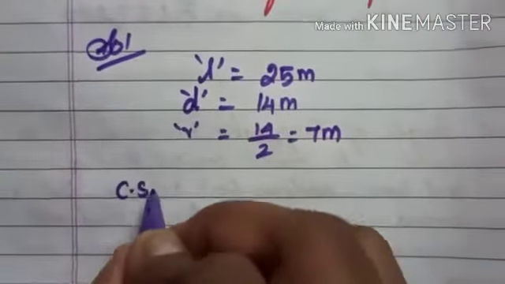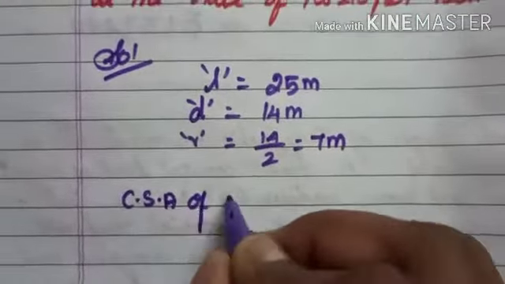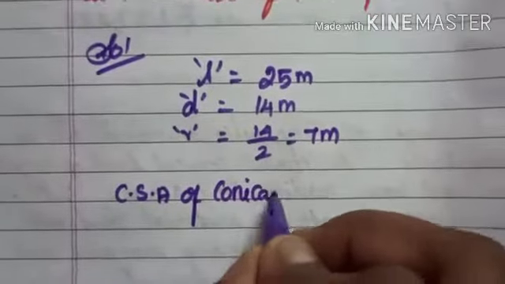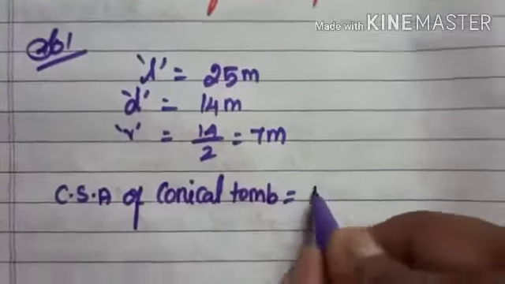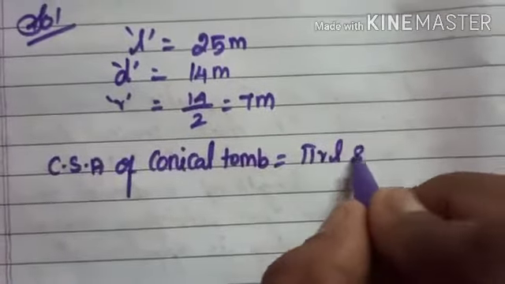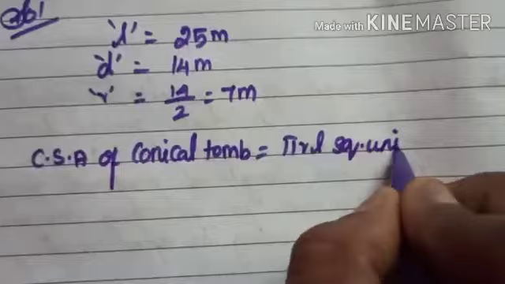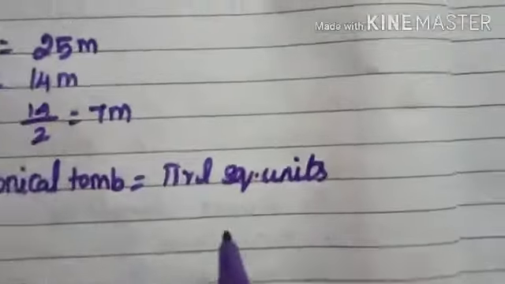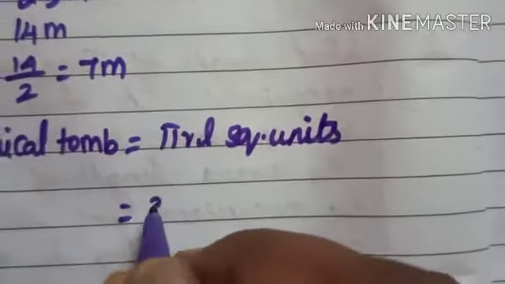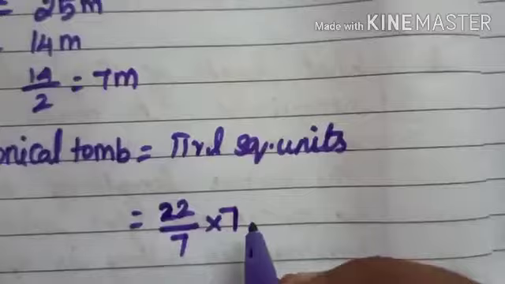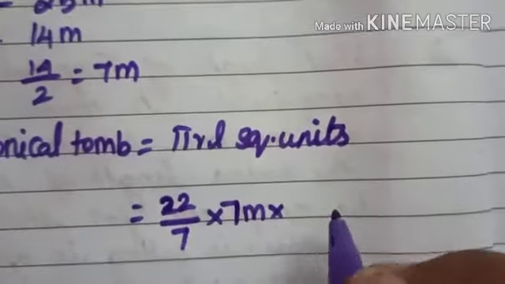CSA of the conical tomb is equal to pi R L square units, which is equal to 22 by 7 into radius 7 meter into slant height.